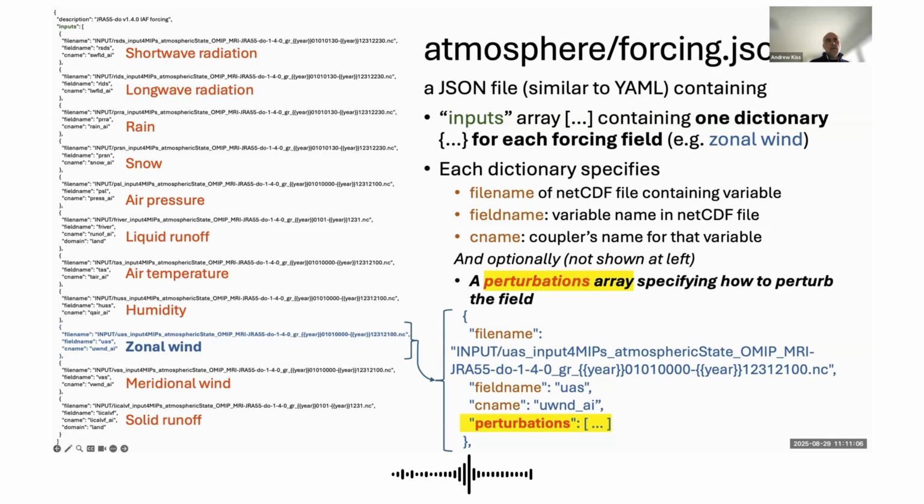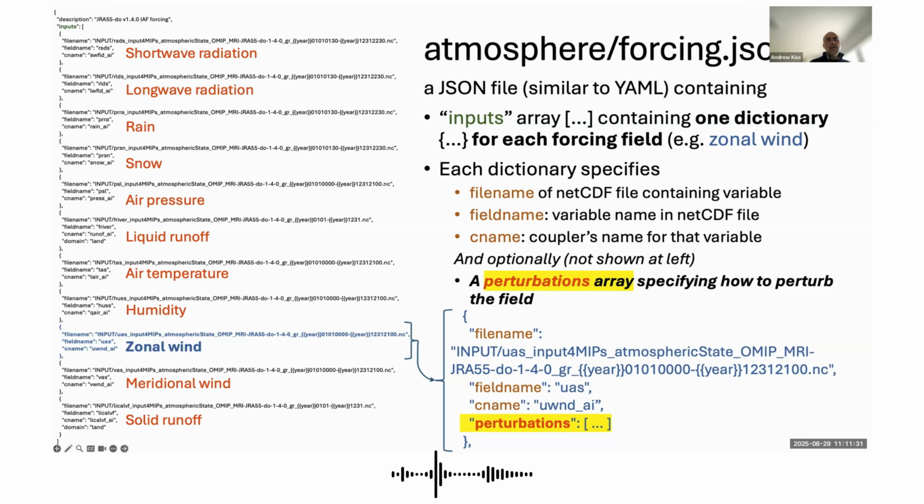Within each of those dictionaries, there are keys and values. They include the file name, which says which netcdf file to get, and you can see it here for the zonal wind. It has the year in double curly brackets. Those are replaced by the actual year by YATM, so it finds the correct file. You don't need to know that detail.